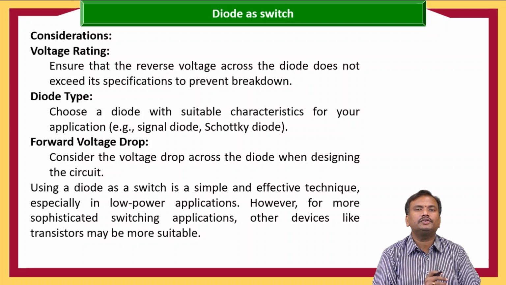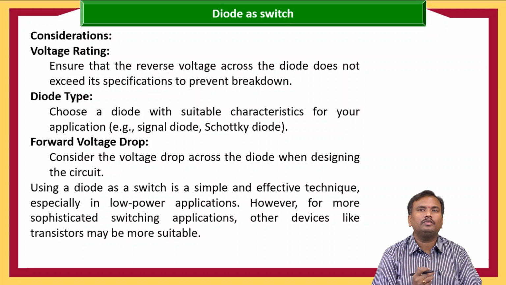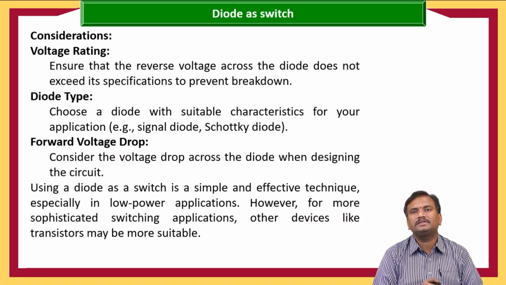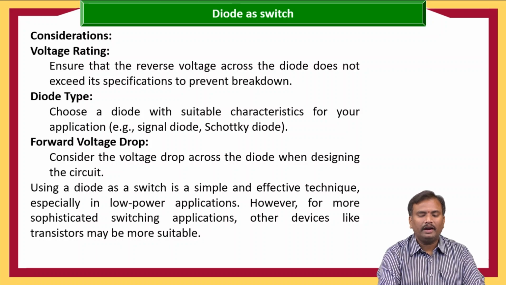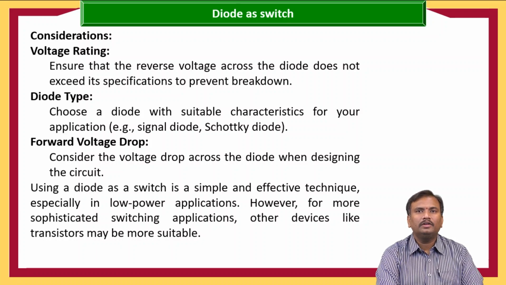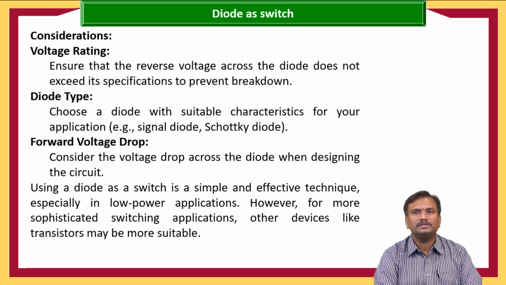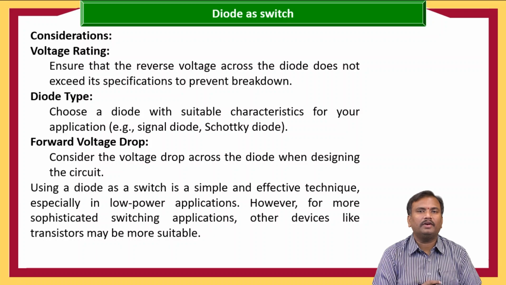So we have to ensure that reverse voltage should be within the limits the manufacturer has given. And the diode type: we need to choose a diode with suitable characteristics for your application, either a signal diode or a Schottky diode, whatever diode is required and whatever characteristics you need. Based on that, we have to choose the diode.